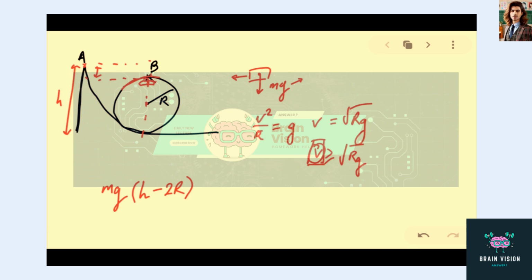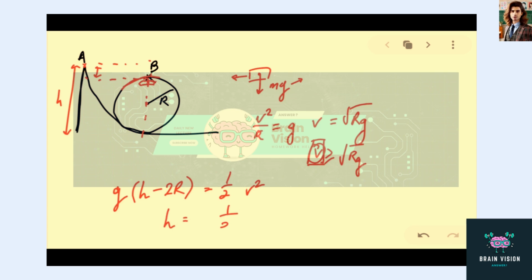This will give us the gravitational potential energy that was converted into kinetic energy, so half mv squared. The m can cancel out. We rearrange the equation a bit to find what is h.